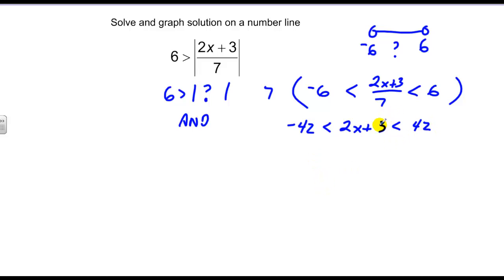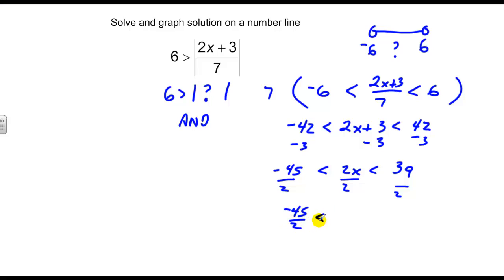I'll then subtract 3 from both sides. Get negative 45 less than 2x less than 39. Divide by 2 on both sides. Get negative 45 over 2 is less than x, which is less than 39 over 2.